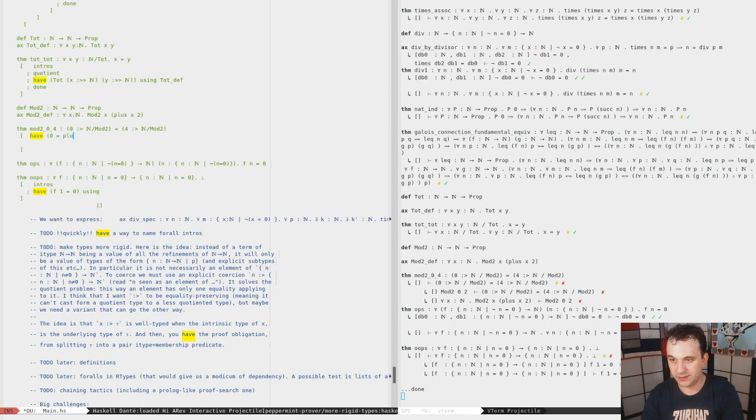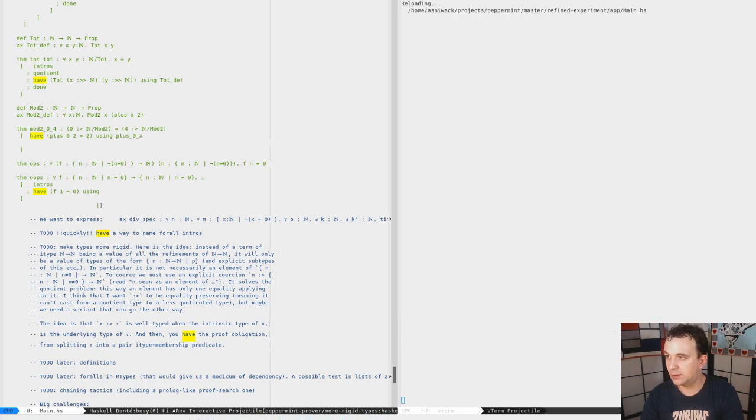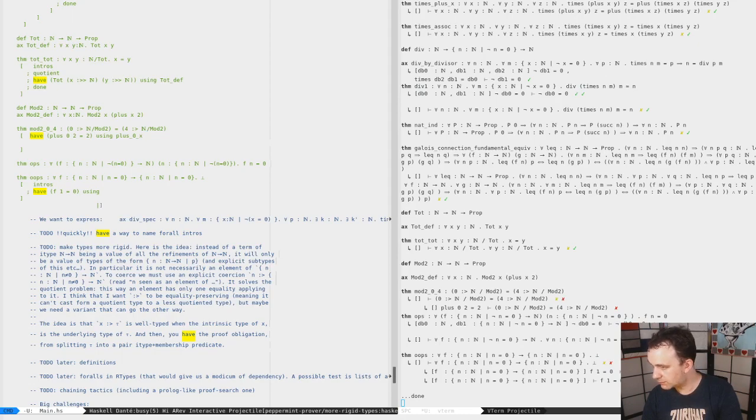Plus 0 2 equals 2, using plus 0x. It might be the other direction. No, it worked.